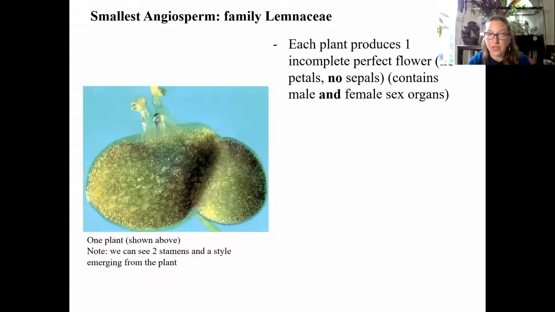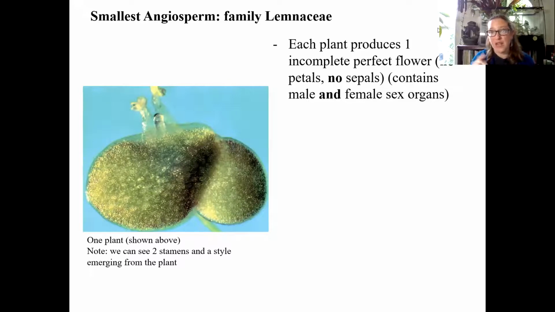So we learned about complete and incomplete and perfect and imperfect flowers. This flower is incomplete because it has no petals and no sepals. When we say something's incomplete, what is an incomplete flower missing?